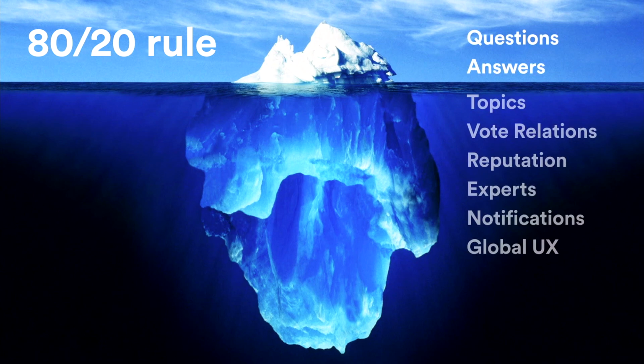Questions and answers probably took about 20% of the effort, and the additional features outlined there, which are probably more peripheral, certainly ended up taking 80% of the effort. So as an example, reputations: we made the decision to move the data storage outside of Confluence into an external database, and subsequently the development of that feature was much more extensive and took longer than we anticipated.